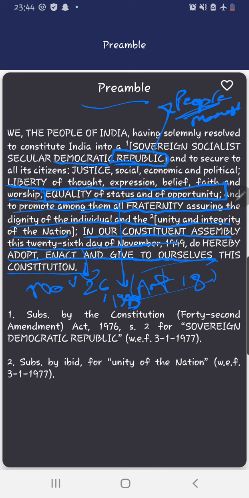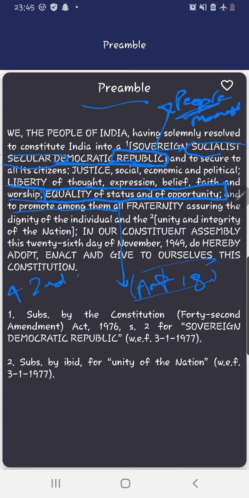There are certain amendments where certain terms were added. Earlier, before 1976, that is before the Indira Gandhi government, the preamble had the terms sovereign, democratic, republic, but socialist and secular were added through the 42nd Amendment Act of 1976.